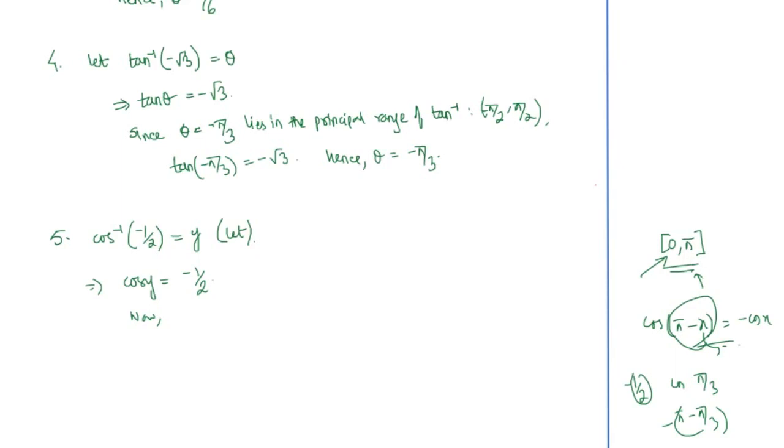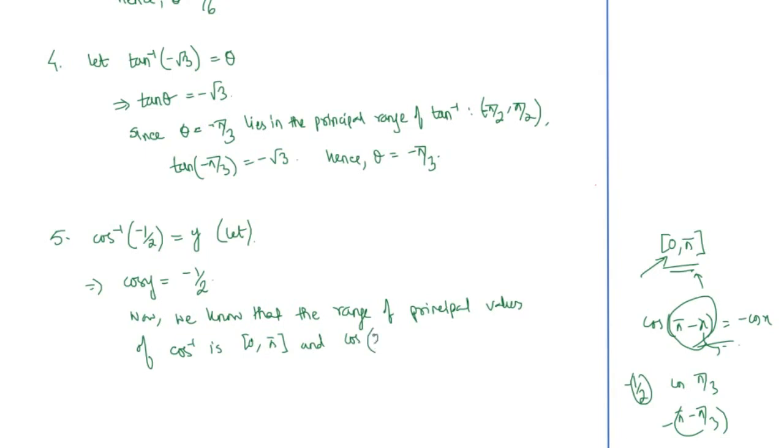Okay, so we are going to write this. Now we know that the range of principal values of cos inverse is, as I said, from 0 to pi, and we can say that cos 2 pi by 3 is equal to minus half.